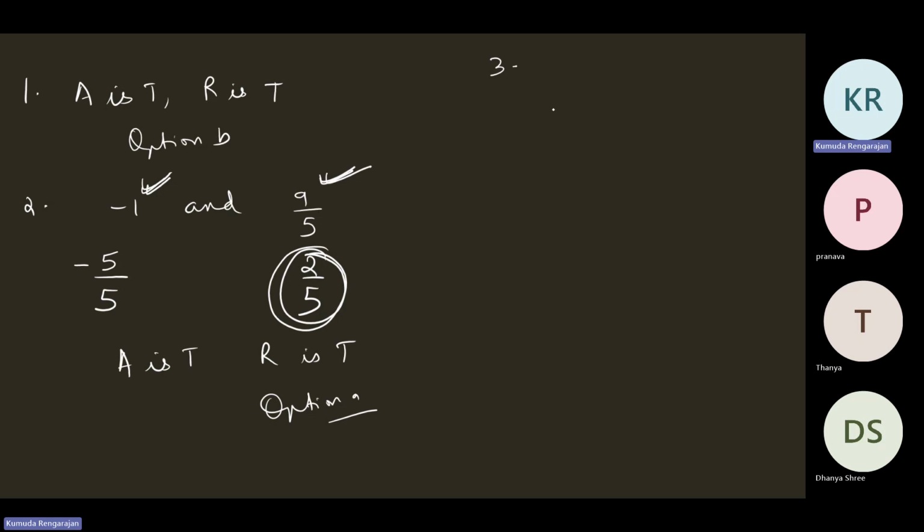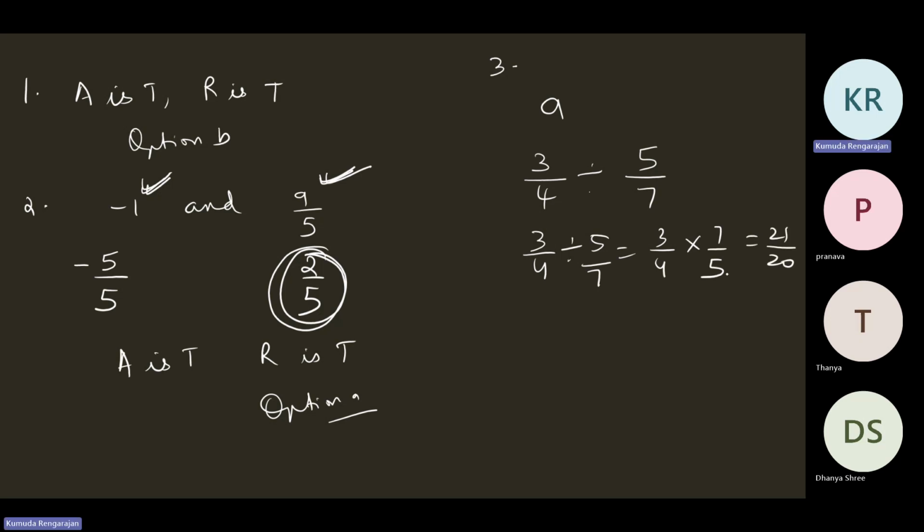If you take examples like 3 by 4 and 5 by 7, when you divide 3 by 4 by 5 by 7, it is 3 by 4 into 7 by 5. So what do you get? 21 by 20. So you get a rational number.